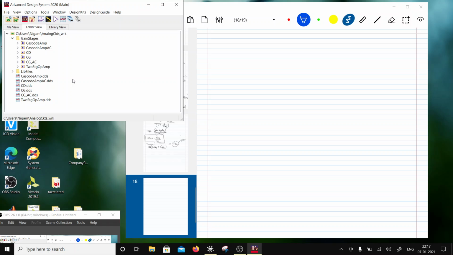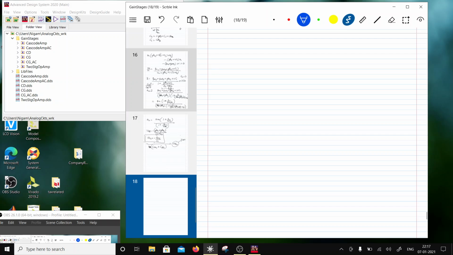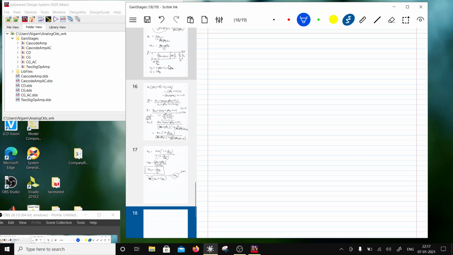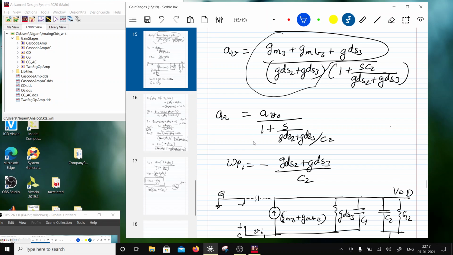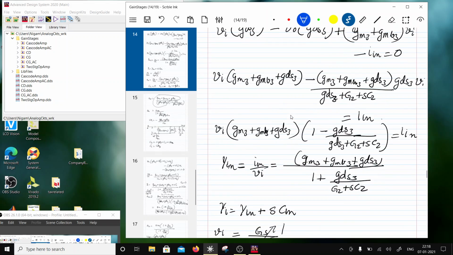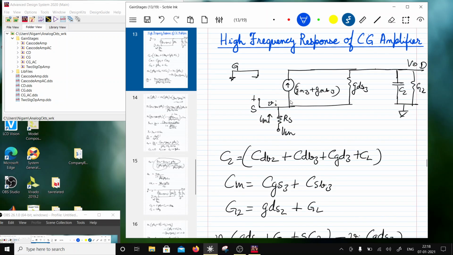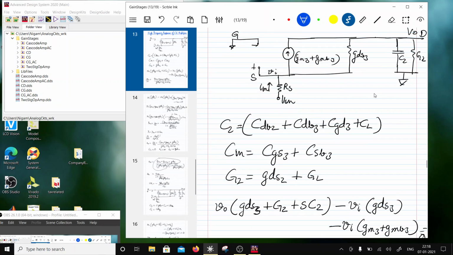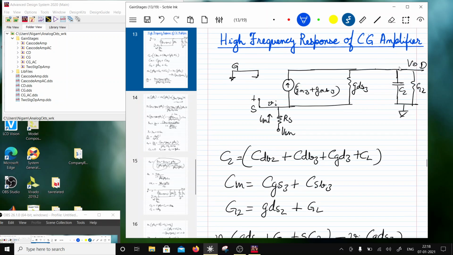Now in a common gate amplifier, with the derivation we have shown that there is only one pole, right? So we have shown that there is only a single pole here, and this pole is due to the output node.